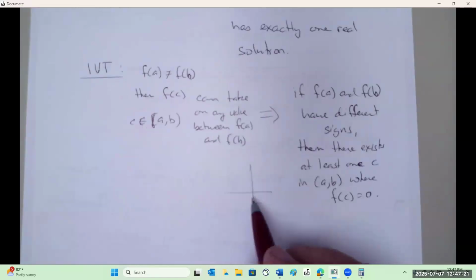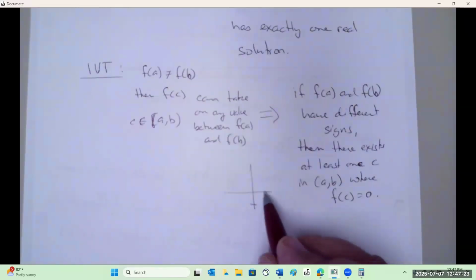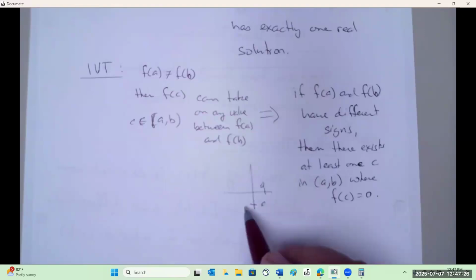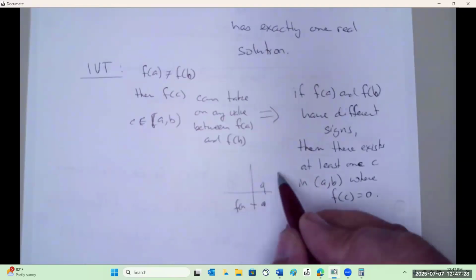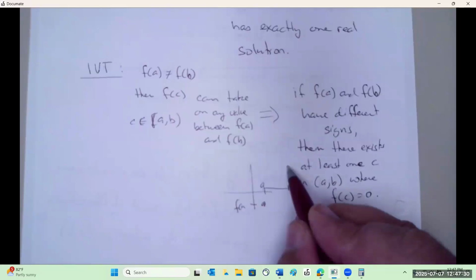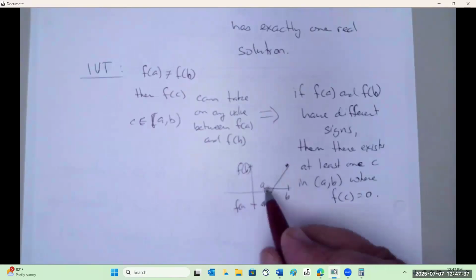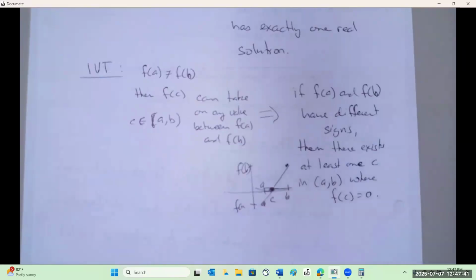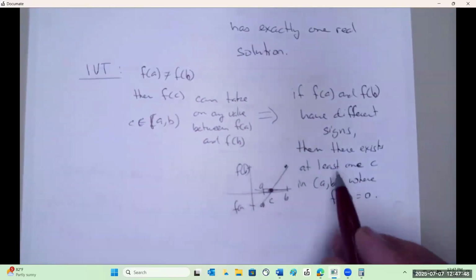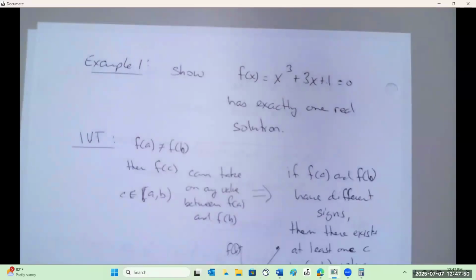Because if f of a is here, and b is up here, this is b and this is a, then there's at least one value c between there where it equals 0. That's the intermediate value theorem. So if we can find two values of x, plug those in there, and get different signs, then I'm golden.